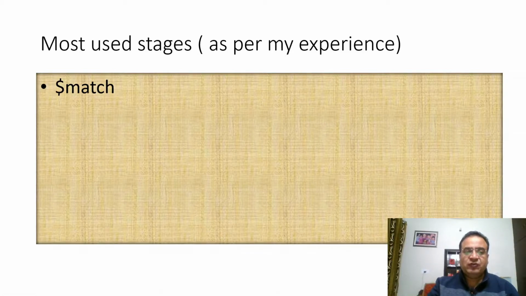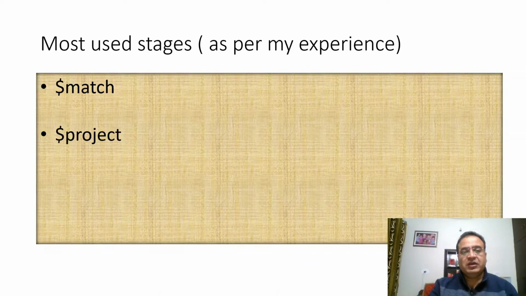Because it is equivalent to where. Let us say we have billions or millions of records in our database collection, and we want to reduce it to a couple of records or hundreds of records. We want to filter on something, so match works for that.